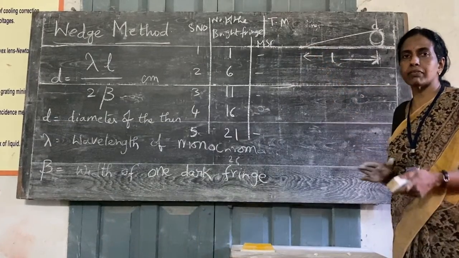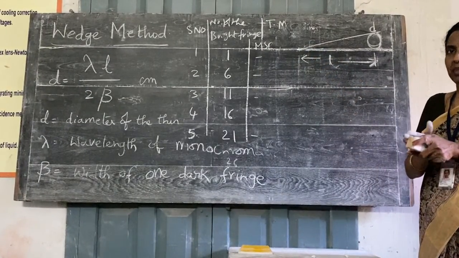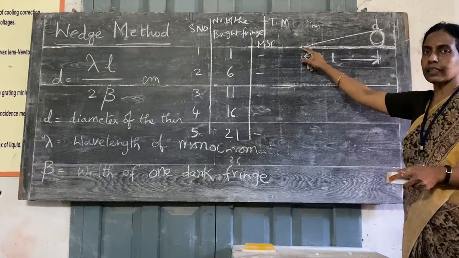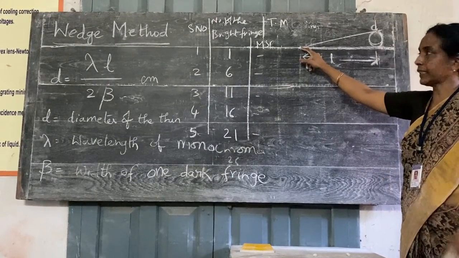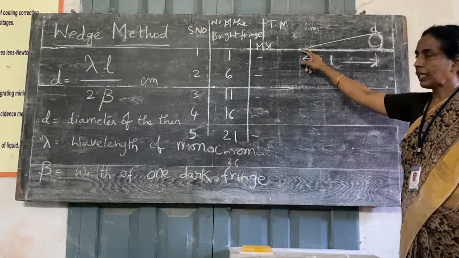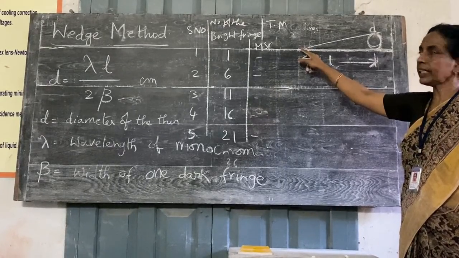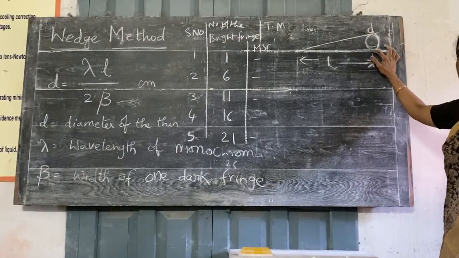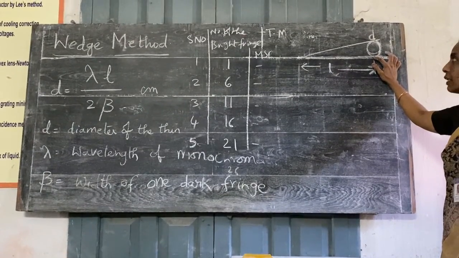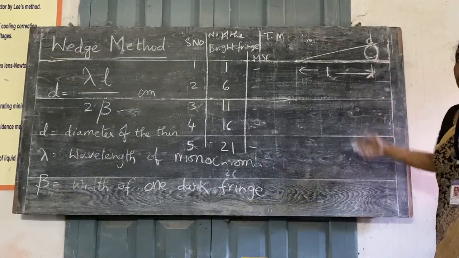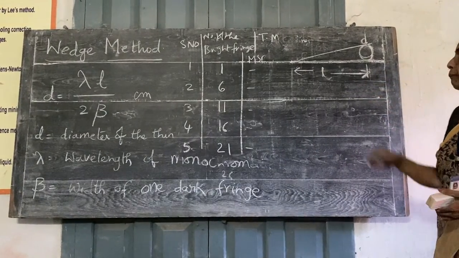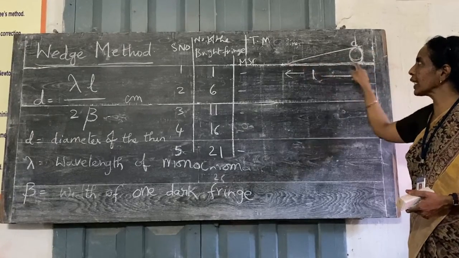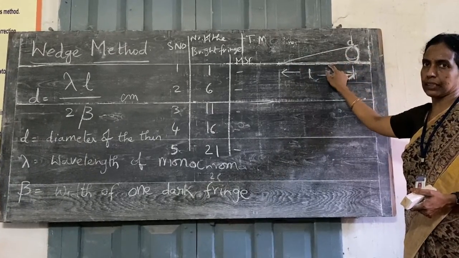These two glass plates will be fixed with a rubber band or something else. This is the point of contact of these two plain glass plates, and here the thin wire is fixed with another rubber band, in between the two plain glass plates.